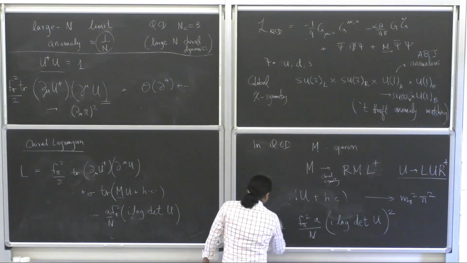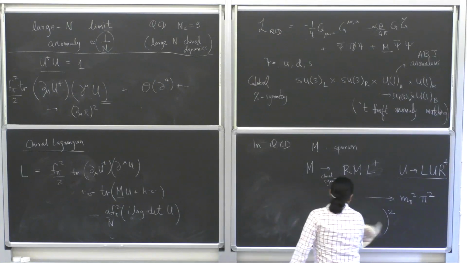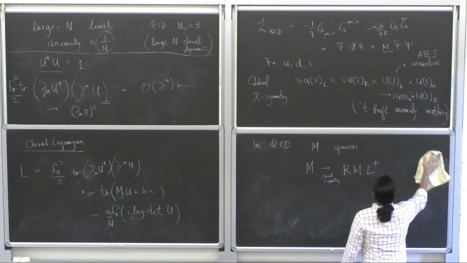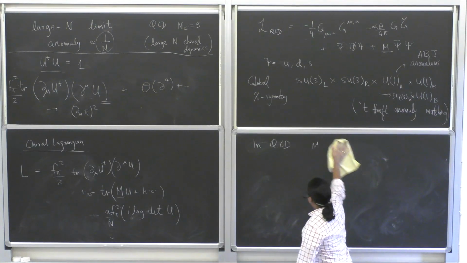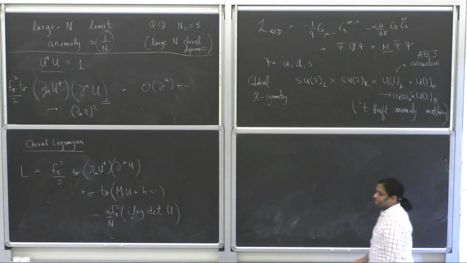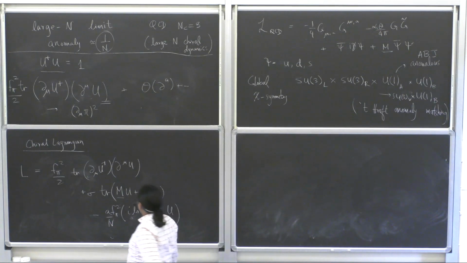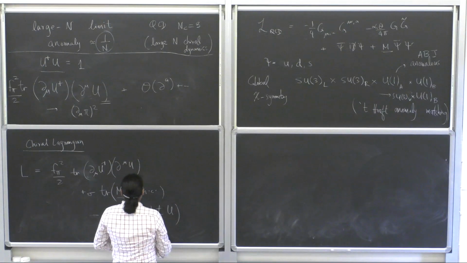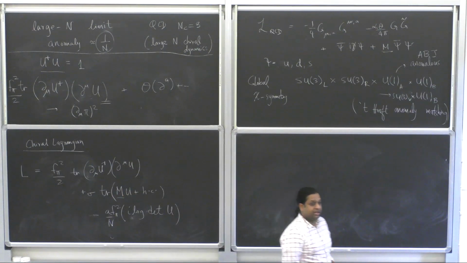But an additional thing that we actually care about is the theta dependence. The next thing I want to do is to figure out how the theta dependence of the QCD Lagrangian shows up in this chiral Lagrangian. We haven't really talked about that so far.